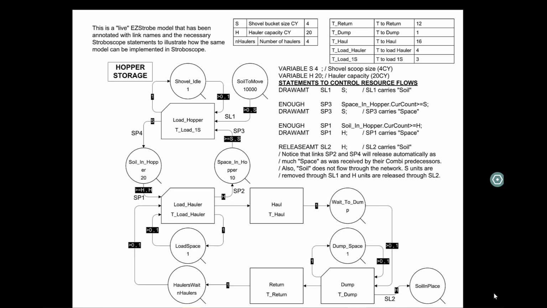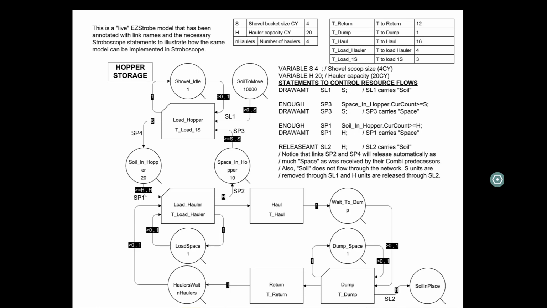So we would use variable statements to define parameters. On the right-hand side, we have the definition of additional parameters that define the durations of the various activities. Notice that all the durations for this example are deterministic. In Stroboscope, those ordinarily would be defined using duration statements for each one of the activities in the model.